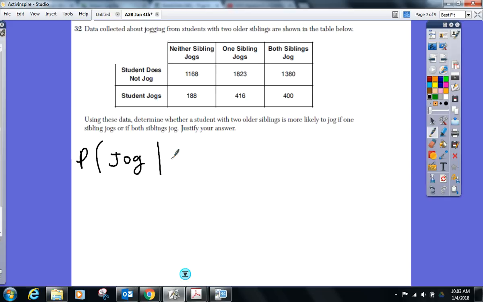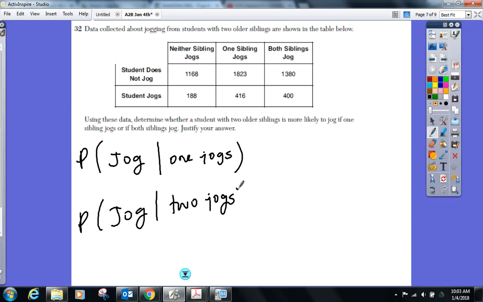One sibling jogs, yep. And we got to test it versus you jog, given how many now? Two jogs, yep. So what's more likely? You jog if you already have one sibling that jogs, or you jog if you have two siblings. All right, second time we've done this conditional probability.